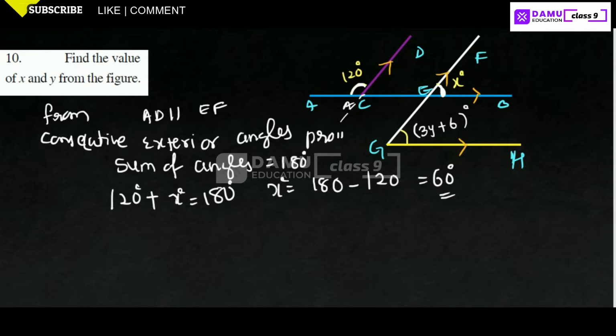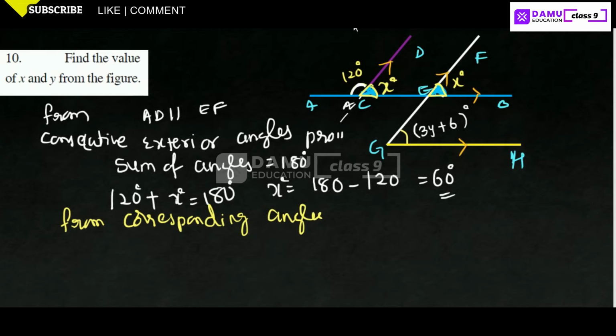Like this also we can solve. Let's take another method to solve for x. This angle and this angle are corresponding angles. So from the corresponding angles property, both are equal, x degrees, and the linear pair angles sum to 180 degrees.